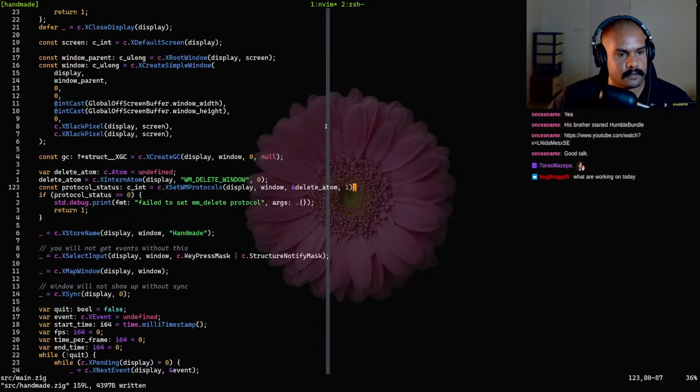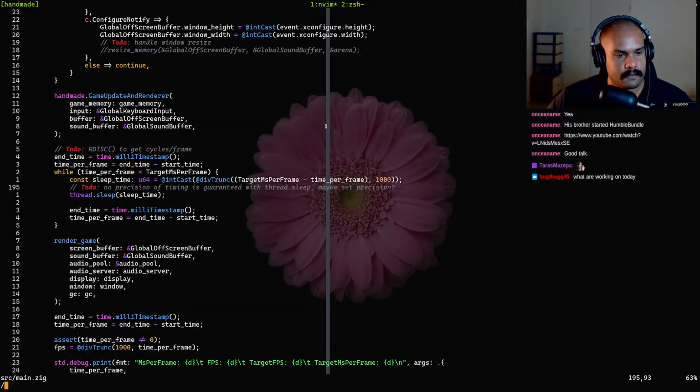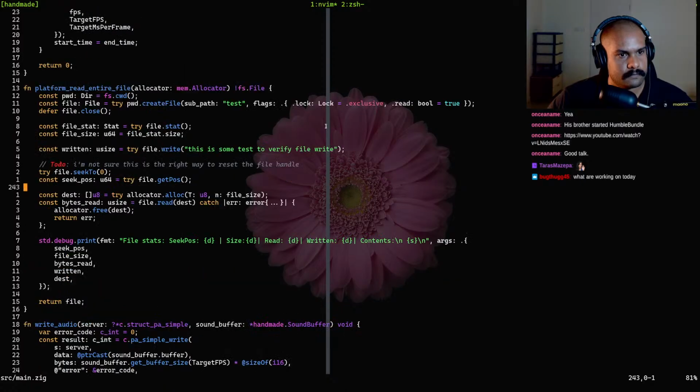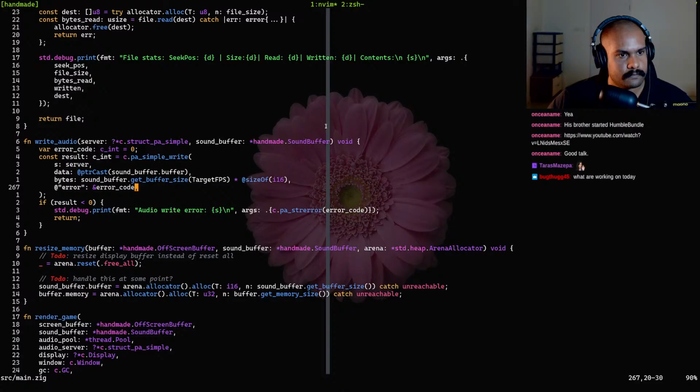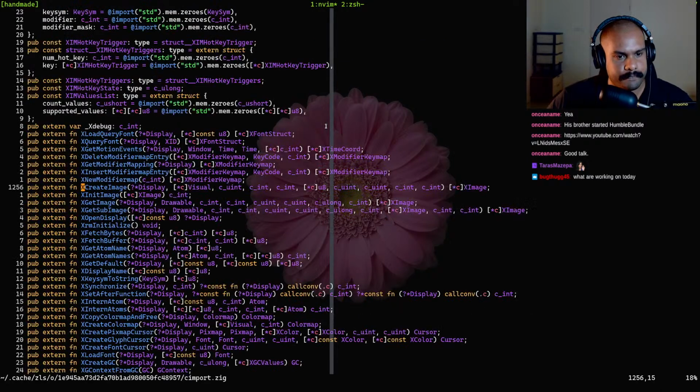I'd have to update the window. Size memory, render game. What does this expect? Expects a U8.